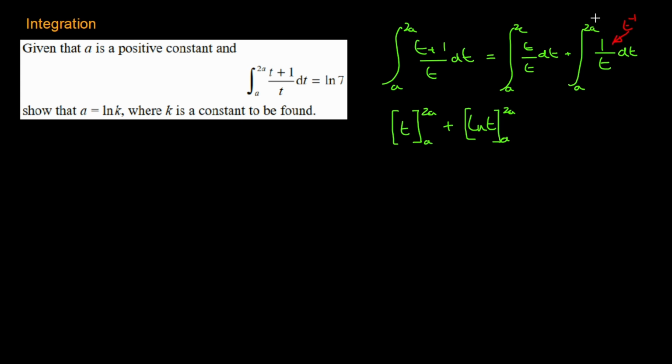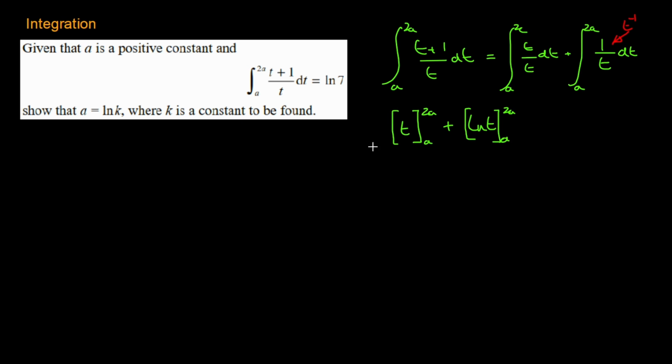So that would be the wrong way to do that particular integral. If you don't remember that the integration of 1 over t is in fact ln t, then you need to look back at a previous example that I've done which involves that proof.